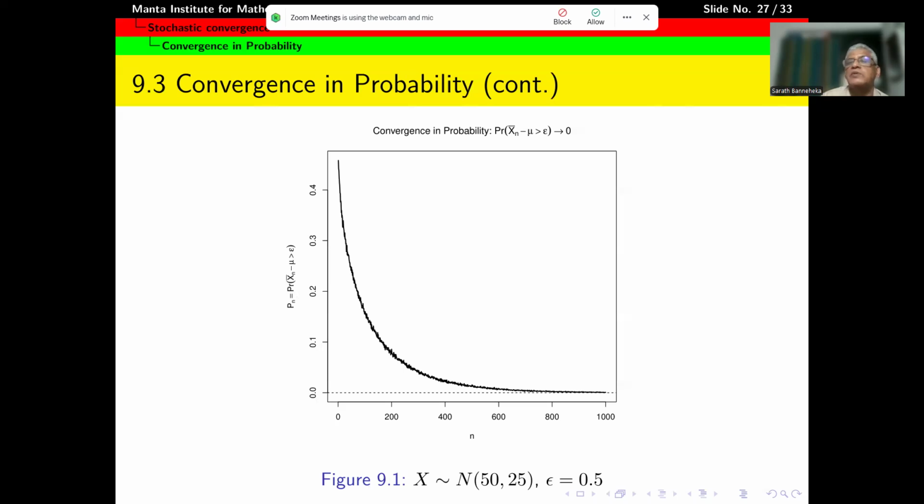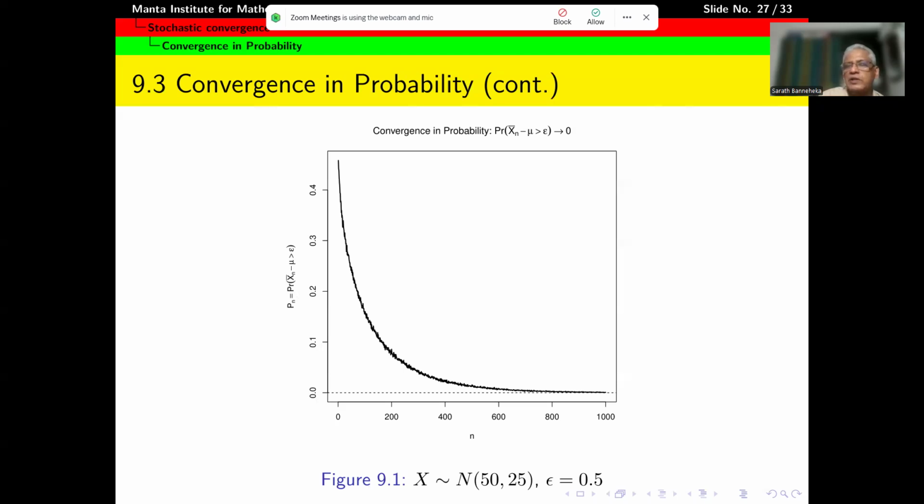Then take another sample size, say 10. Generate one sample of size 10, calculate the sample mean, and check whether the difference between the sample mean and the population mean is greater than 0.5 or not. If it is greater than 0.5, then I count it. Take another sample of size 10, calculate the sample mean, look at the difference between the sample mean and 50, check whether it's greater than 0.5, like that. I did it 10,000 times for that fixed sample size.